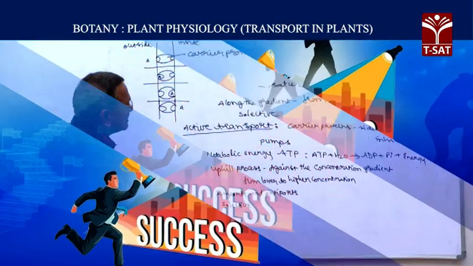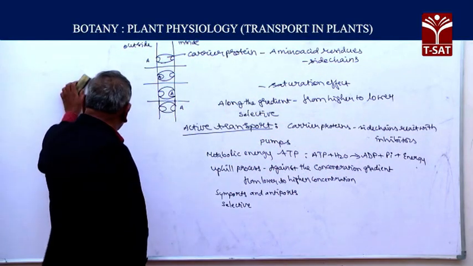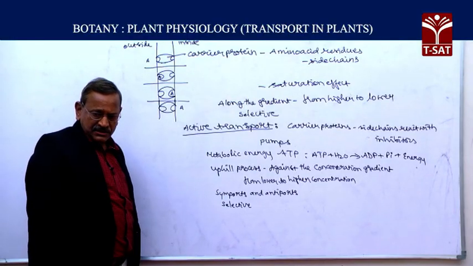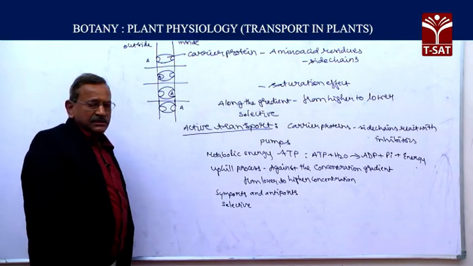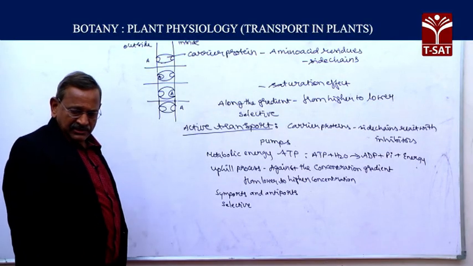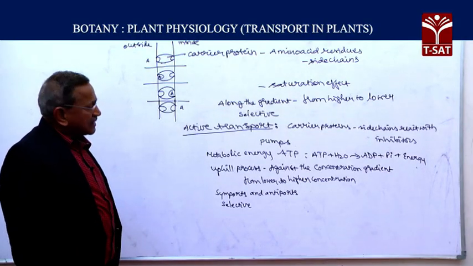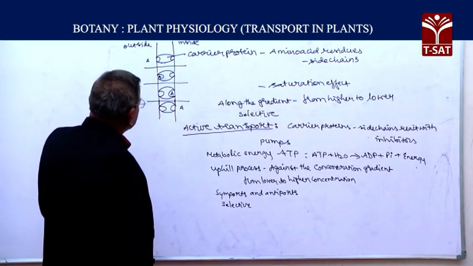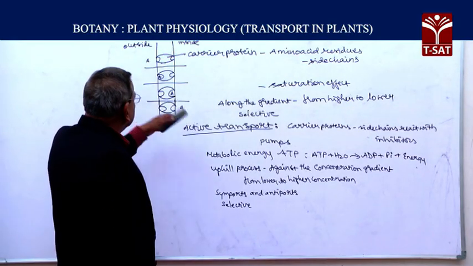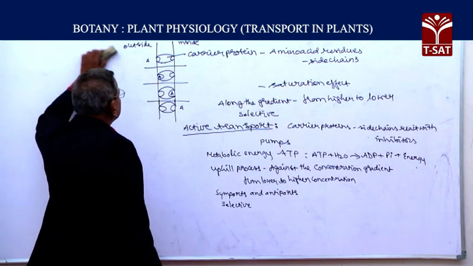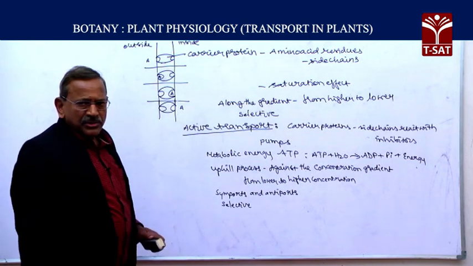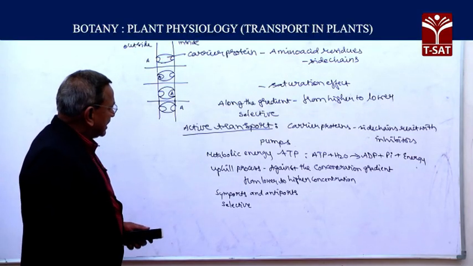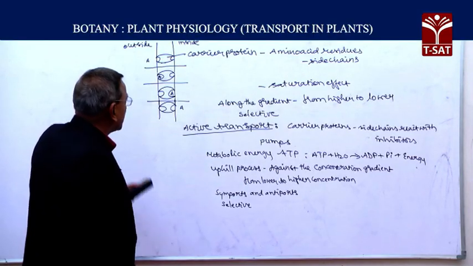We have considered transport of different kinds of substances across the membrane into plant cell, and the methods are simple diffusion, facilitated diffusion and active transport.